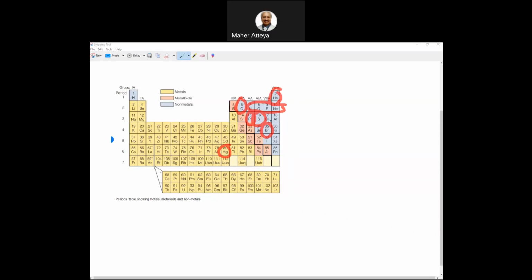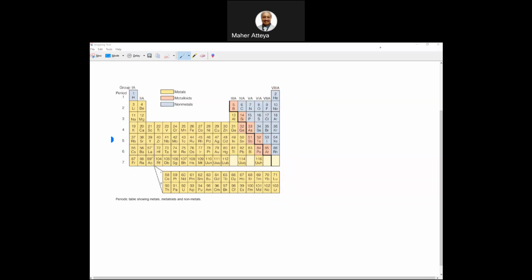Now the metalloids. The unique thing about them is they have, to some extent, compressibility, and to some extent, conduction of electricity. Your laptop, your iPad, and this keyboard have chips inside, like semiconductors. They don't conduct electricity highly.